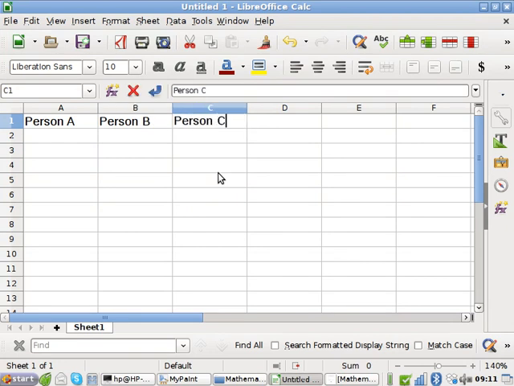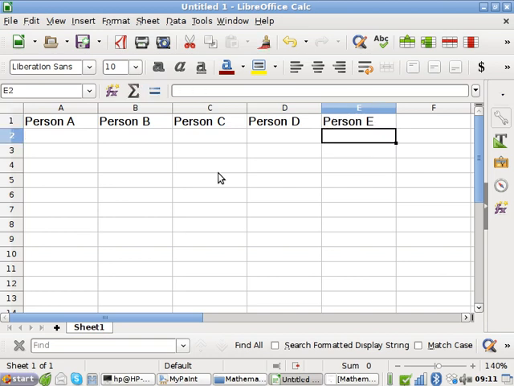Person C. Person D. Person E, for example. And let's say these people, they're doing experiments where they have to, I don't know, calculate the value of G or something like this.